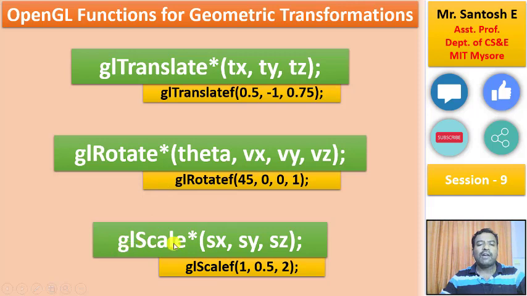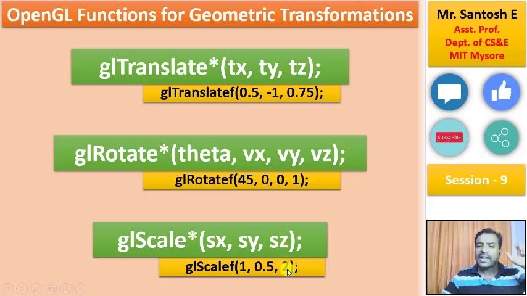Similarly, I am going to have glScale, which takes these 3 parameters. So glScale, I am going to say 1. If the scaling factor is 1, what happens? Yes, the size is not altered with respect to the x axis. It is 100%, it will stay intact with respect to the x axis. And I am giving 0.5 here, so with respect to the y axis, the object will be compressed by 50% because I am giving 0.5.